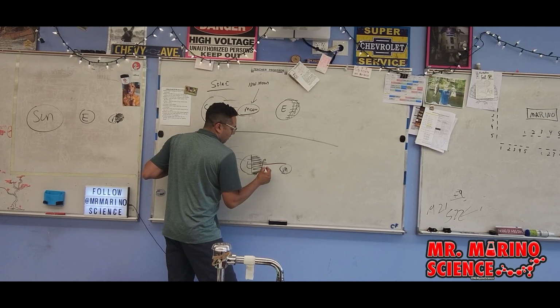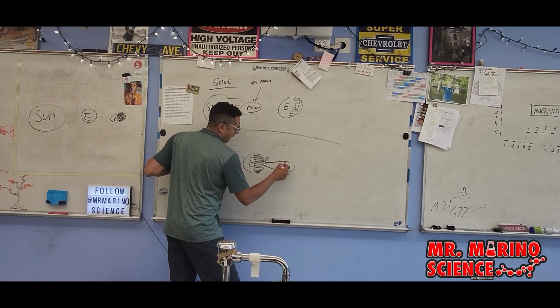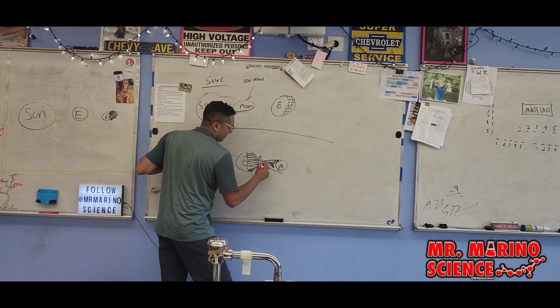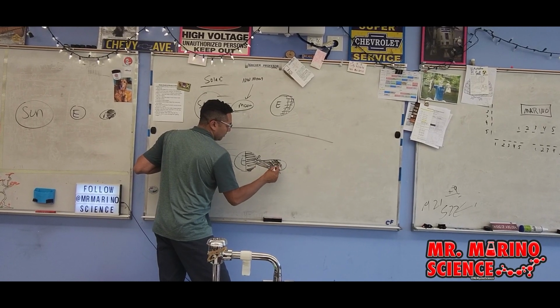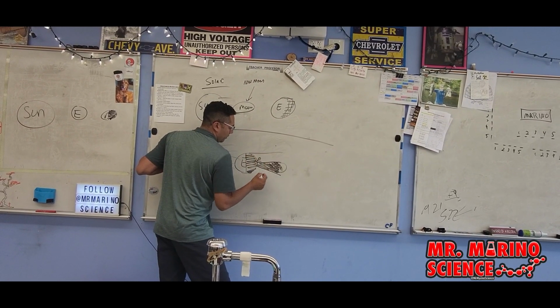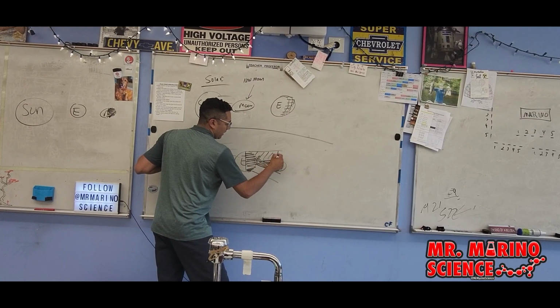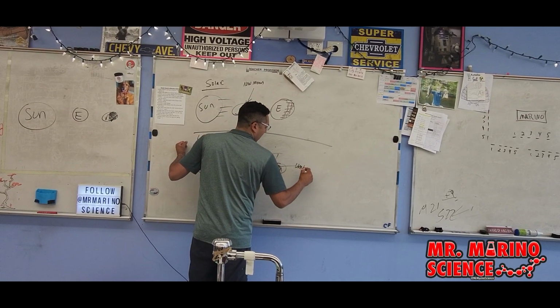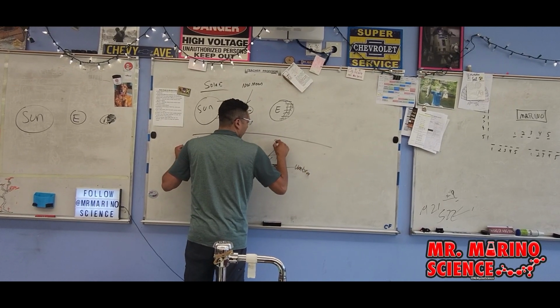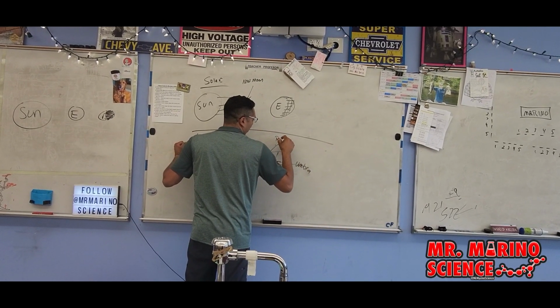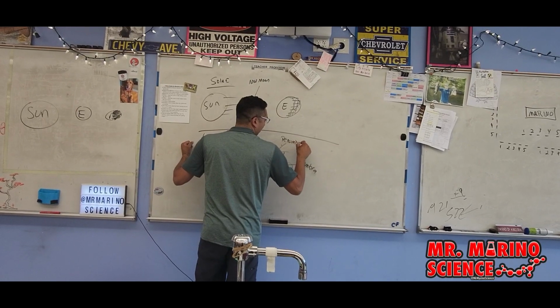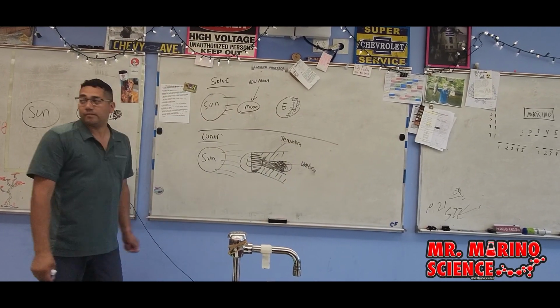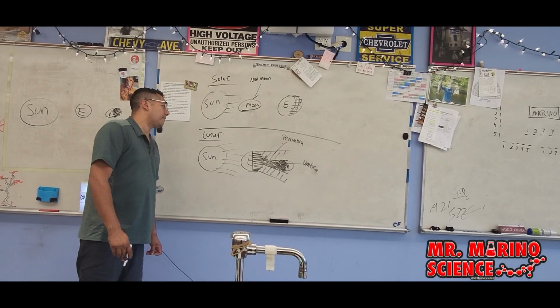We have the inner shadow, which completely darkens the moon. And then we have kind of like this outer shadow, which is not as dark. The inner shadow is the umbra. The outer shadow is called the penumbra.